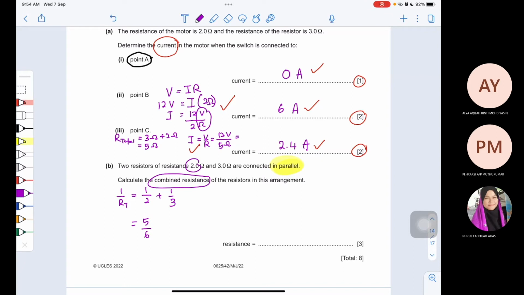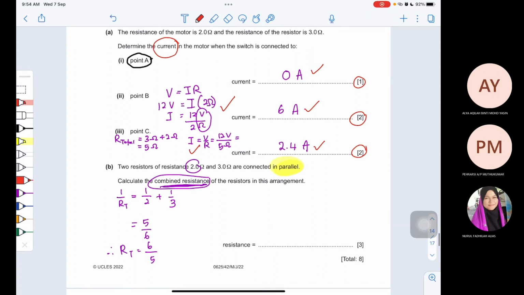But the question wants the combined resistance. Jadi it's 6/5, but remember in physics you cannot leave answer in fraction. So you tekan calculator. Apa you dapat tu?